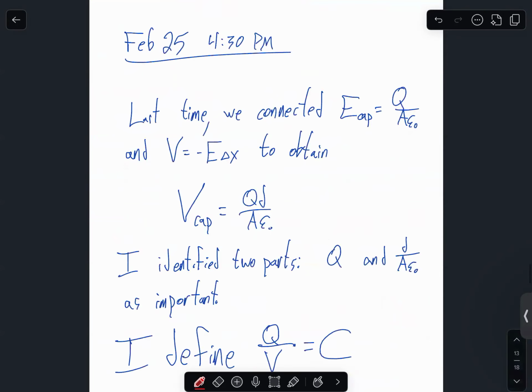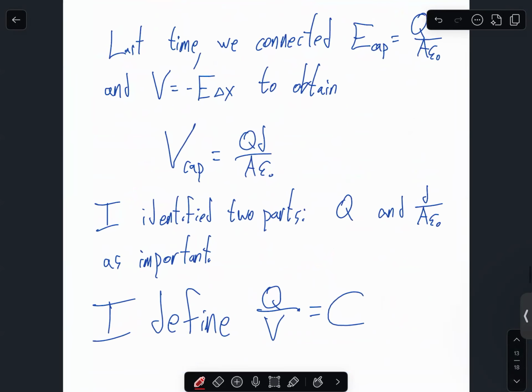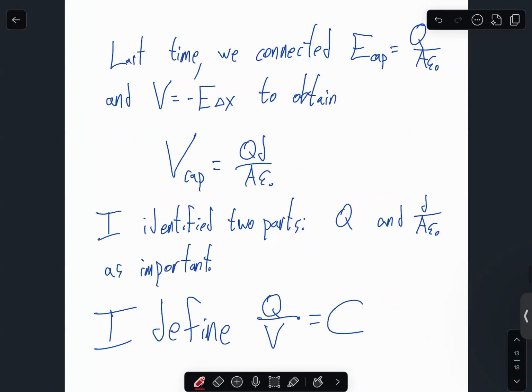So let me review what we did yesterday in class. Last time I took two formulas and shoved them into each other and said, oh look, here's something actually useful. I took the capacitor field equation, Q over A epsilon, and the always true definition that voltage is electric field times distance moved through that electric field in the direction.